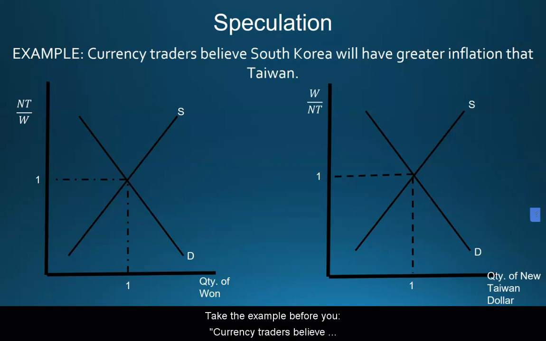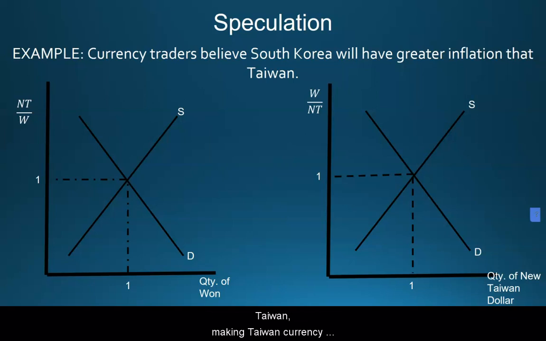Currency traders believe South Korea will have greater inflation than Taiwan. Since South Korea will have greater inflation than Taiwan, it means that their goods will be more expensive than Taiwan's, making Taiwan's currency more lucrative.